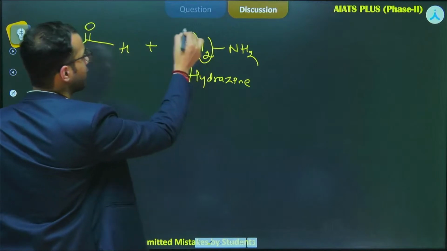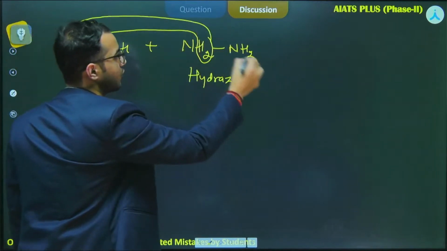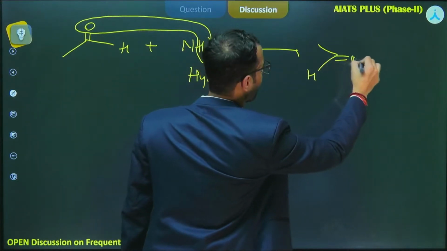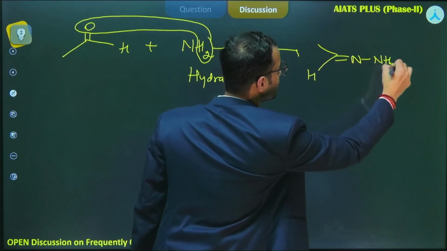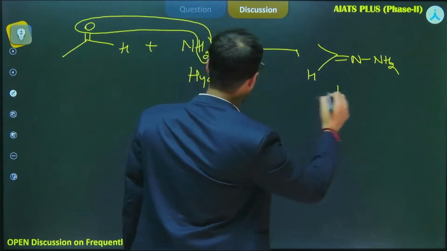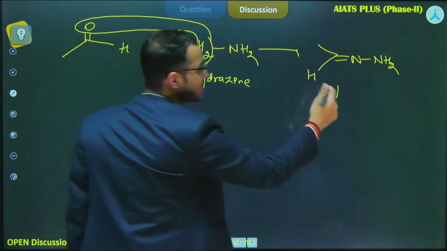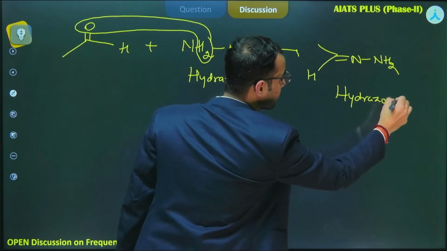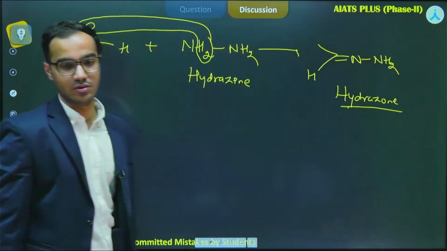These two hydrogens will remove an oxygen from it, yielding R-CH double bond N-NH2. This is hydrazone. Is it clear?